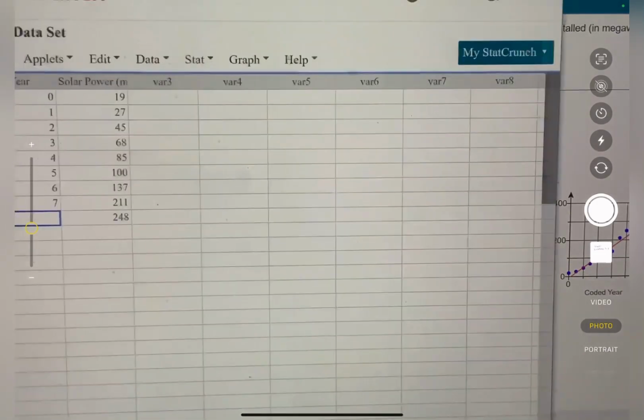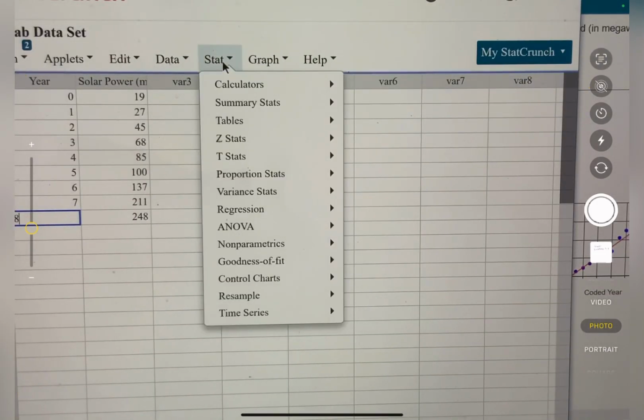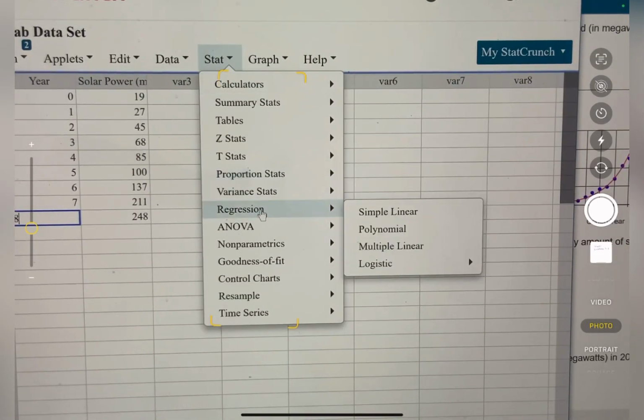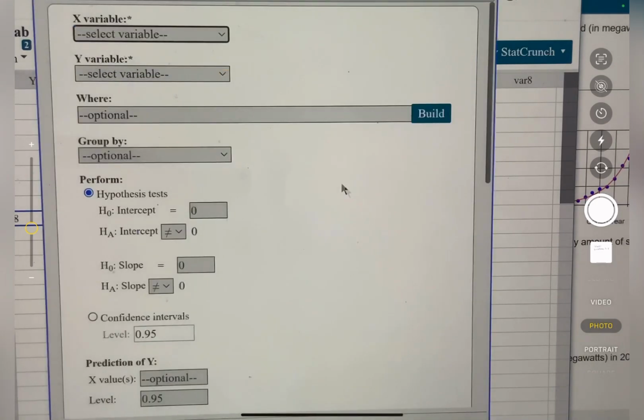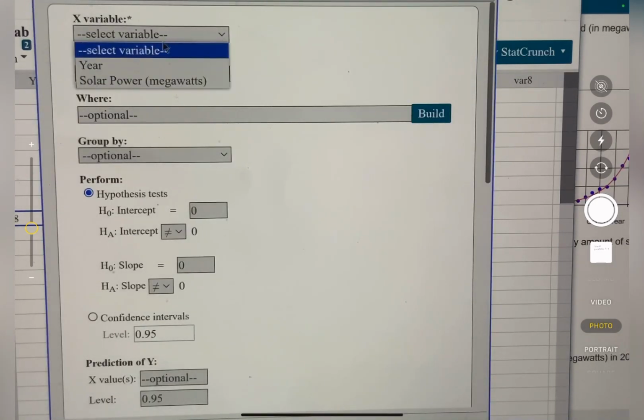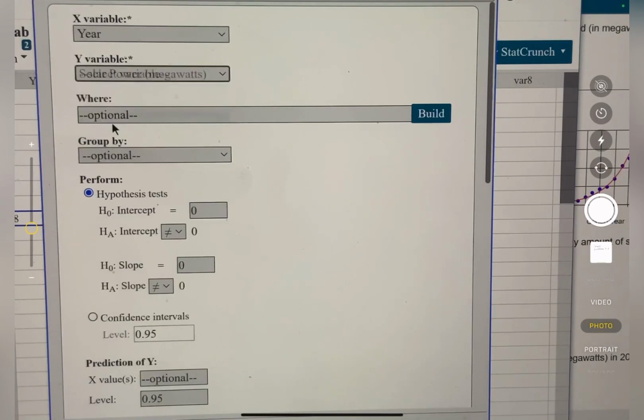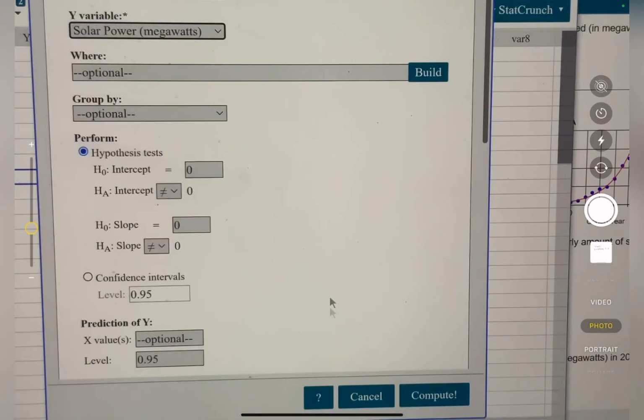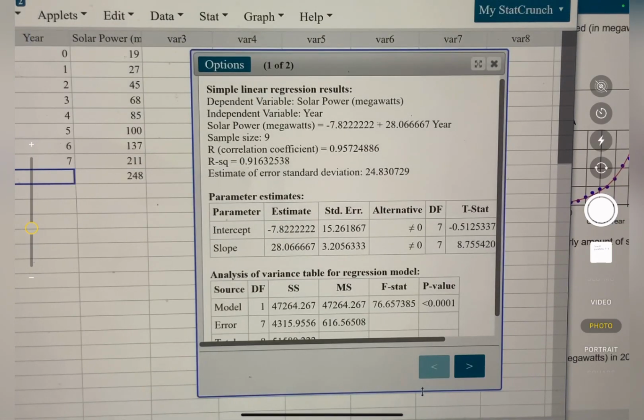Well, let's do it. We can do it. It's gonna be stat, regression simple, year, solar, and we are clicking compute. And what did we get?